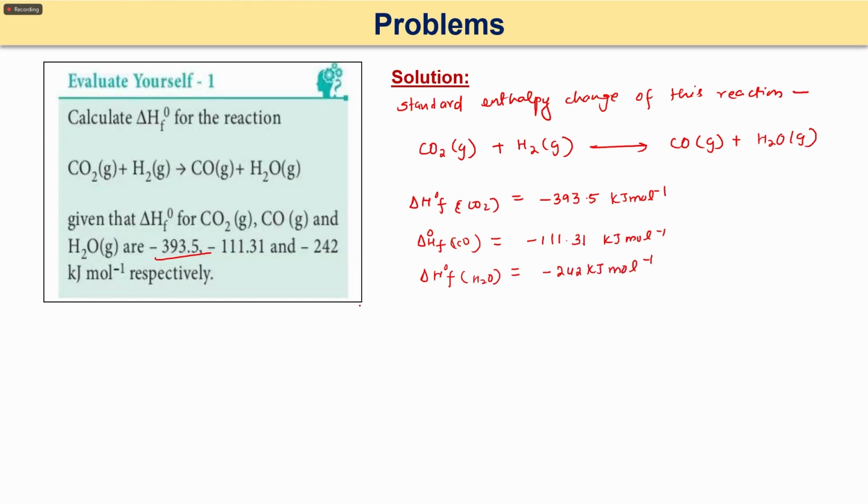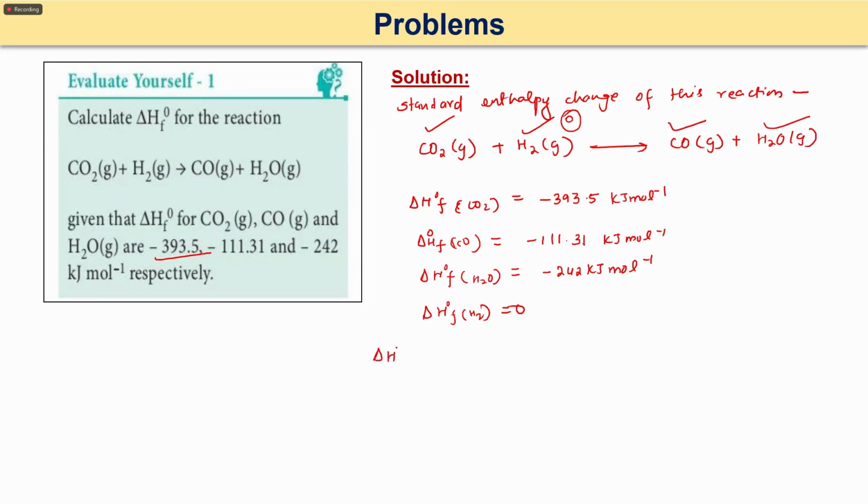So let us quickly calculate this. We know that we are provided with the standard enthalpy of formation of carbon dioxide, carbon monoxide, and water, because we know that the standard enthalpy of formation of hydrogen is 0. Okay, so now let us calculate.